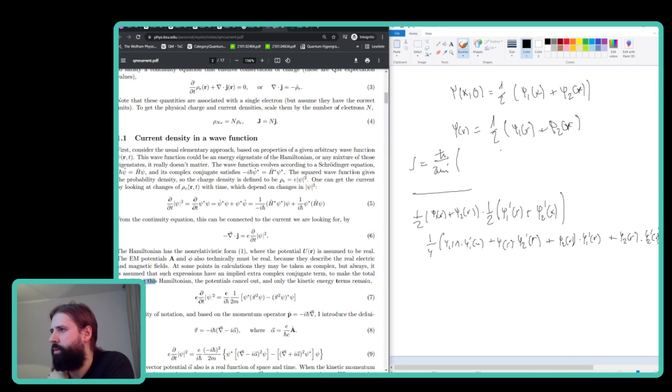Using this Hamiltonian, the potentials cancel out and only the kinetic energy terms remain. Okay, so wait a second, why? And now here's a minus suddenly, right? Whatever pi is here with this vector thing on top. Dude, I've never seen this.